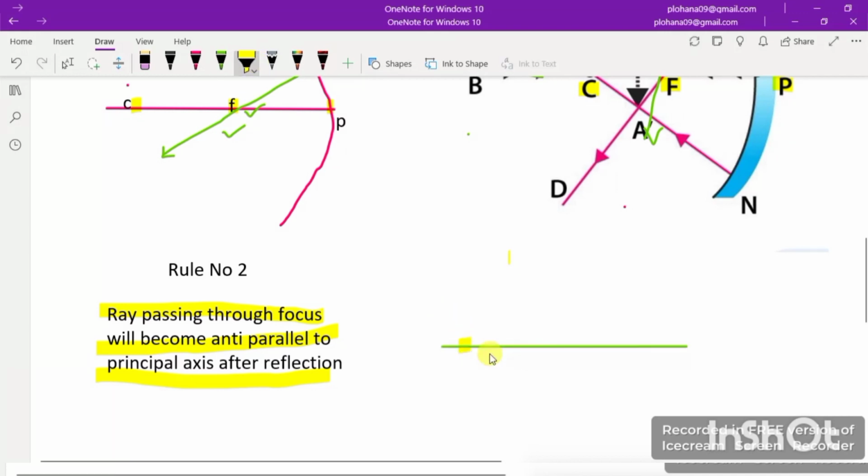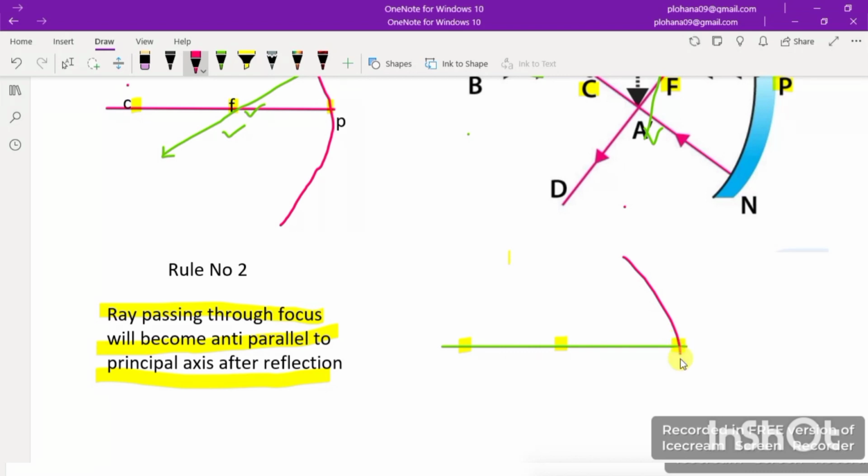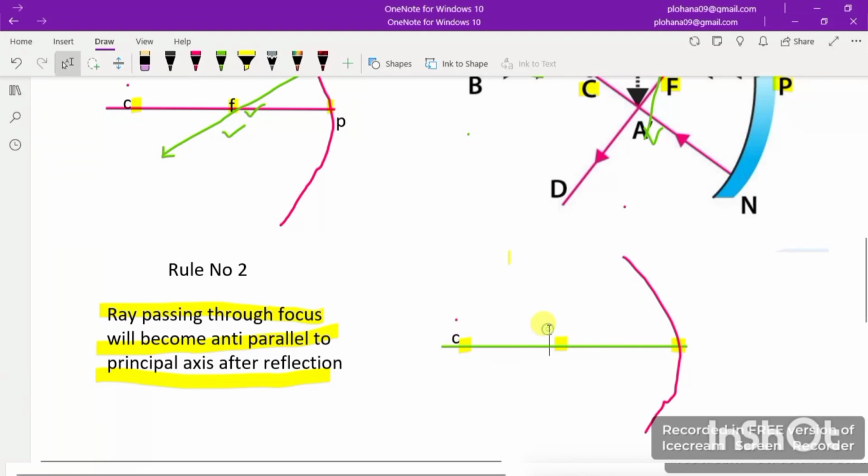Here we have C, the center of curvature, F, the focal point, and P, the principal axis. Now let me make the concave mirror. Let me label what these are: C, the center of curvature, F, the focal point, and P, the principal axis, right?